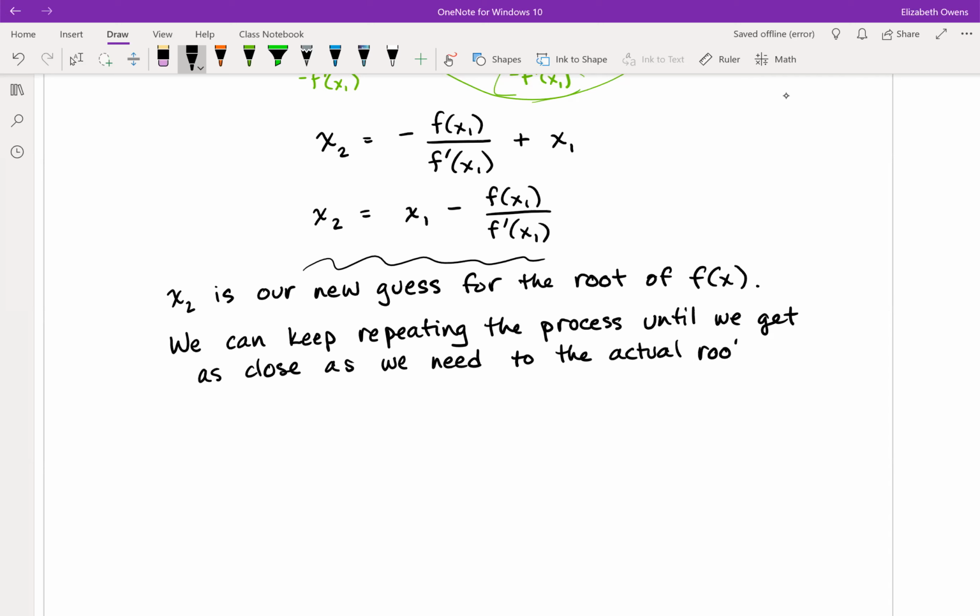And we'll see with some examples here how you can tell that you're getting close, or how to see if you're as close as you need to be. But the next step would look like this. You'd find x3 by doing x2 minus f of x2 over f prime of x2. Okay, that would get you that x3 root.